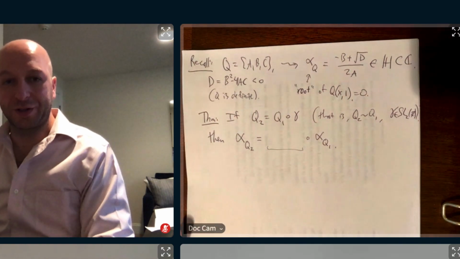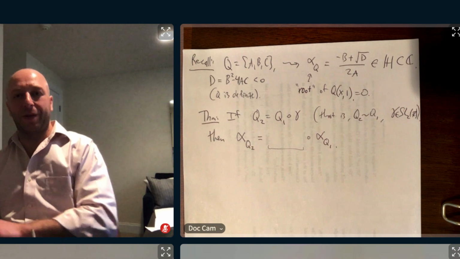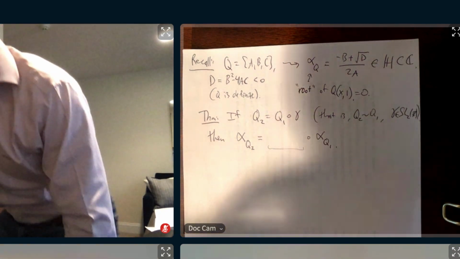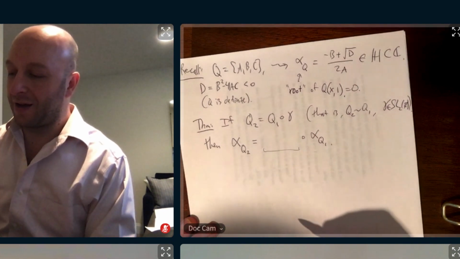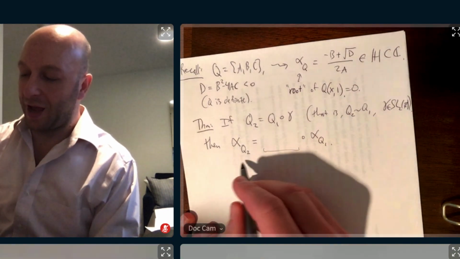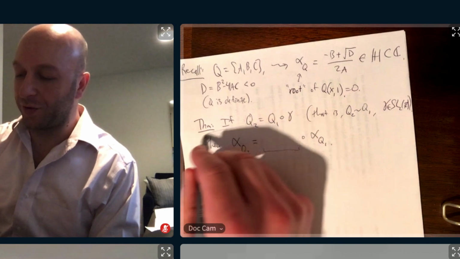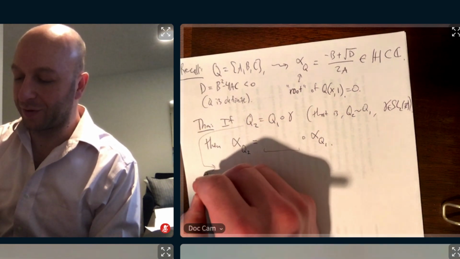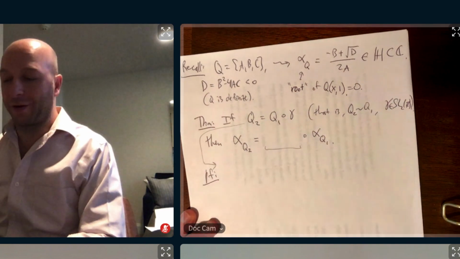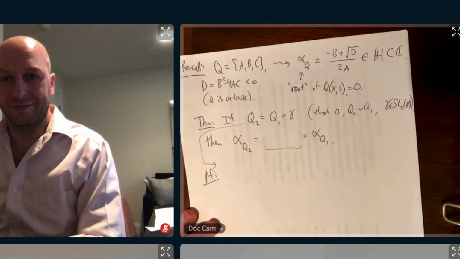This is what we started working through last time, and I believe we didn't finish. Is that correct? Okay. Right. And let's remember what Q2 is. So this is a proof. We don't know what the theorem is going to state yet, but we will in a second.